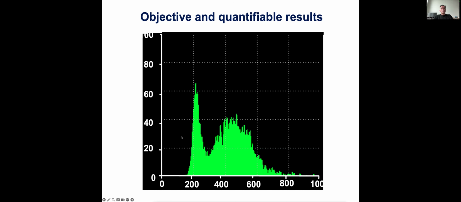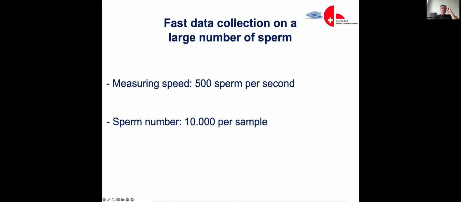For example, you see here two populations, one population with a low fluorescent intensity and another population with a high fluorescent intensity. And it is possible with this machine to measure a lot of cells in a very short time.